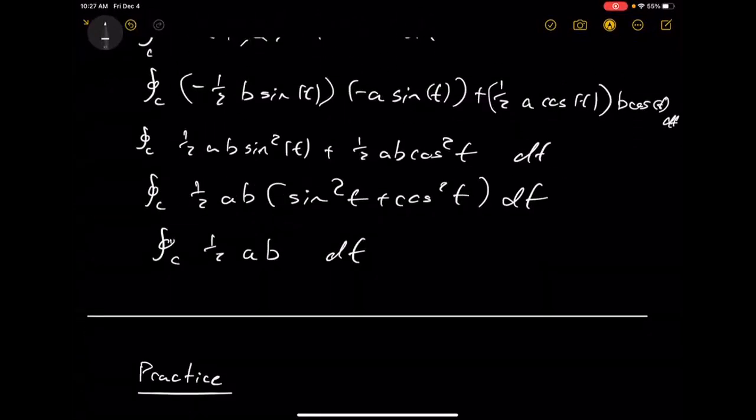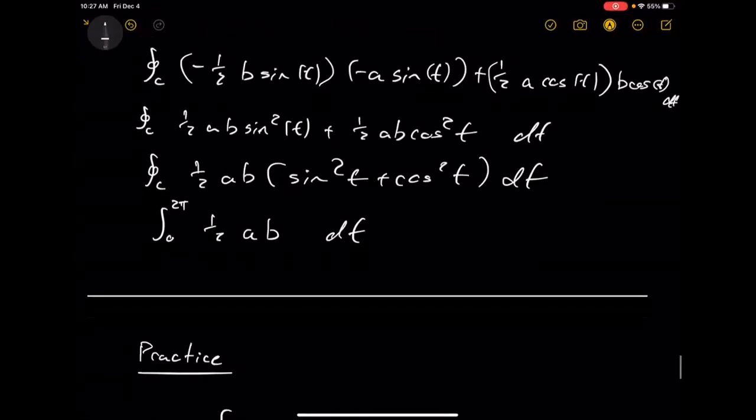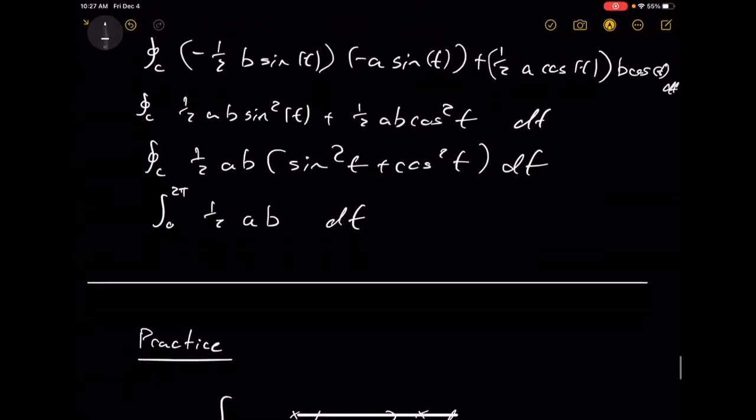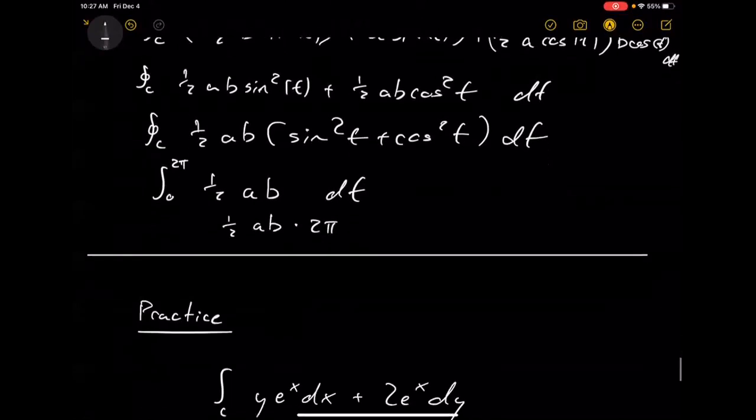Okay. Well, let's see. What are the starting point, ending point for our ellipse? 0 and 2 pi to go all the way around. Okay. So 1/2 ab. There's no t's in here, so when I integrate in terms of t, it just becomes 1/2 ab times 2 pi. So that becomes pi ab.